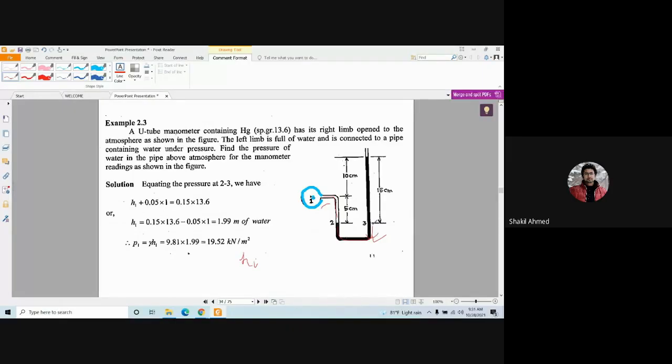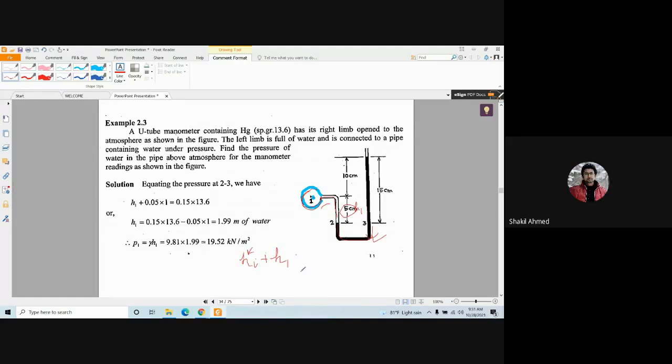So let's say we are bringing all of them to the water scale. So what would happen? HI, then this is in terms of water. Similarly, plus H1. This is also in terms of water, right? Are you following me? Yes, sir.